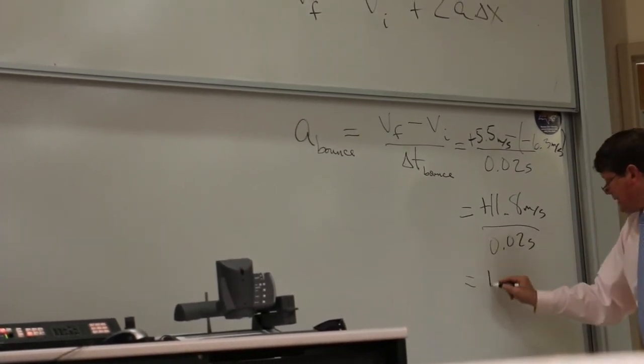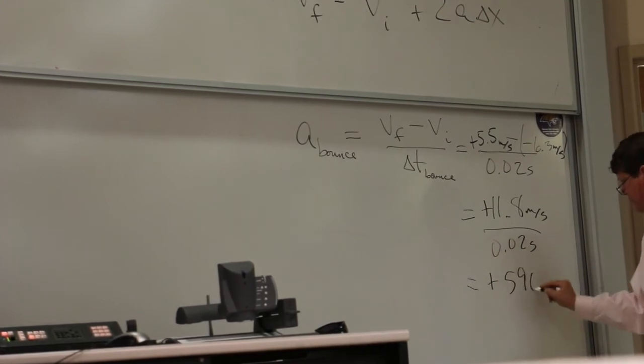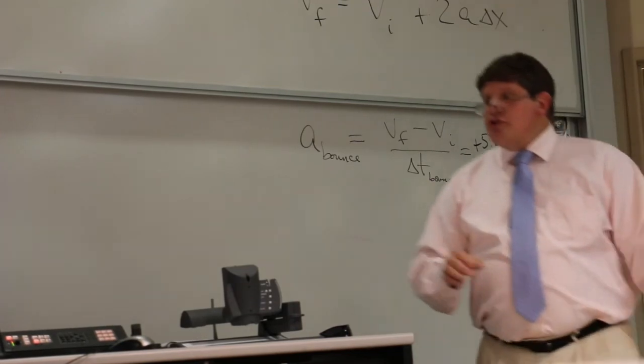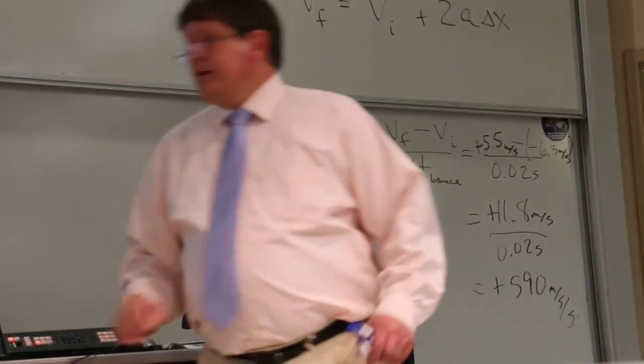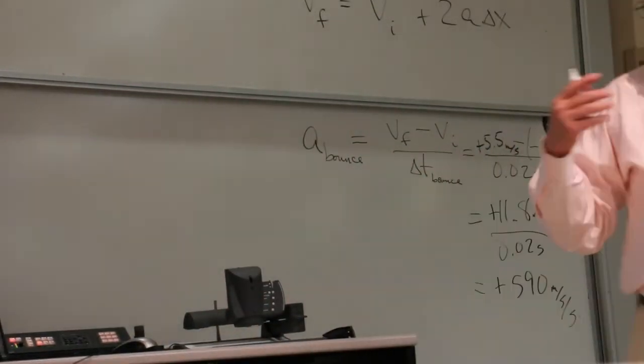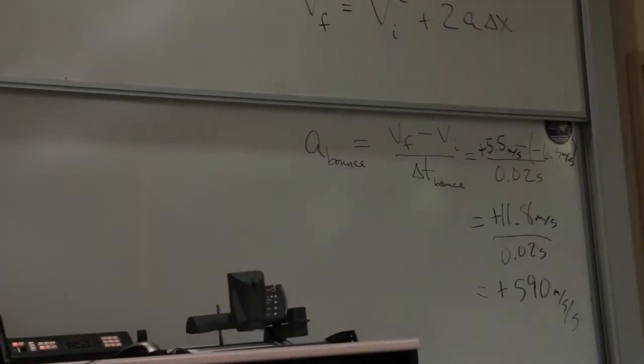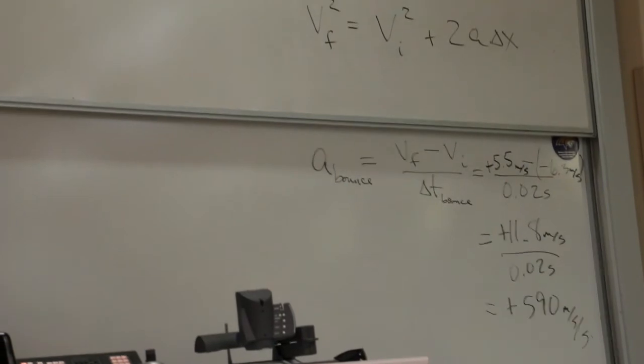And that's going to give me a positive 590 meters per second every second. That's a huge acceleration. Okay? That's, well, 59 times the gravitational acceleration, 59g. If that was you, you would be mush. Mush. Okay? Check that your neighbor followed that.